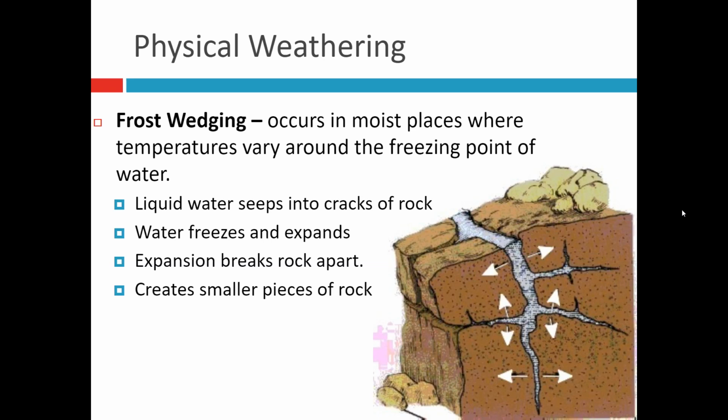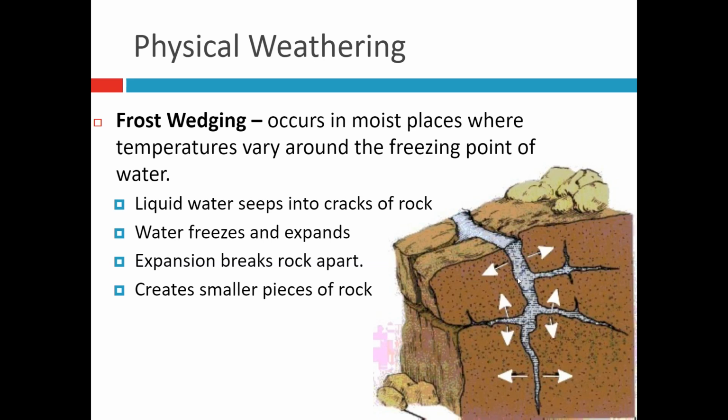In the process of doing that, water is cool because it expands when it freezes, which is really strange. It's the only substance that really does that. As it expands, it is going to put pressure on the rock. So when this water gets down into these cracks, it's going to expand and push outward, and that pressure is going to break this rock apart. That's something that happens a lot around here.